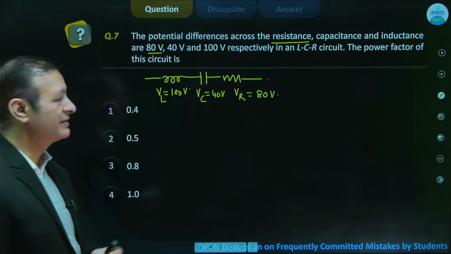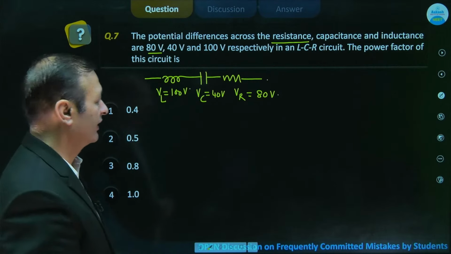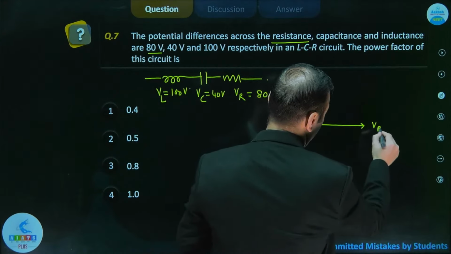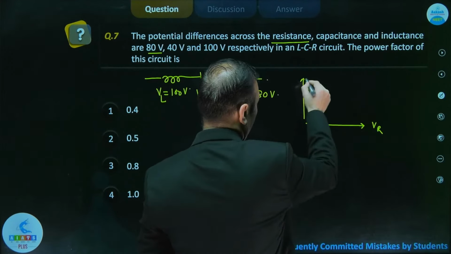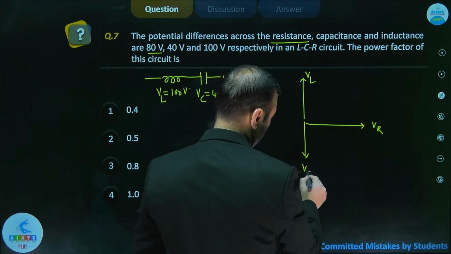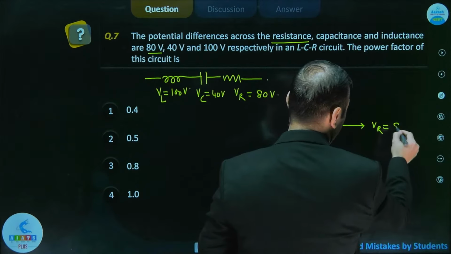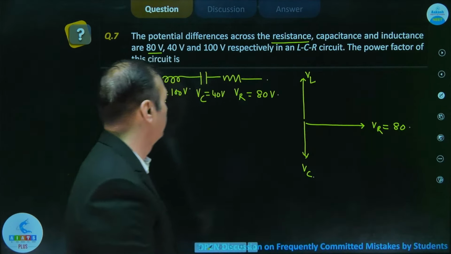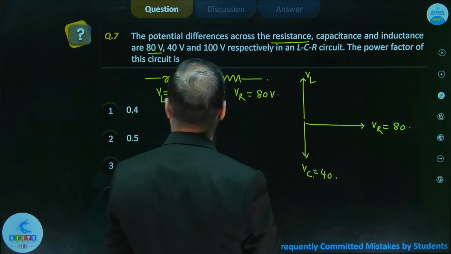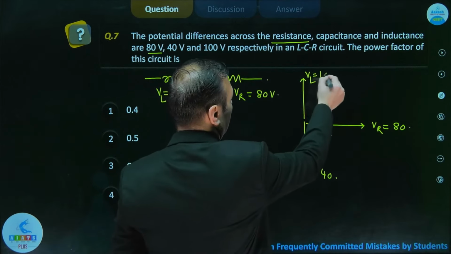Now let's understand it with the help of a phasor diagram. So this is VR, this is VL and this is VC. So VR is 80, VC is 40 and this is 100.